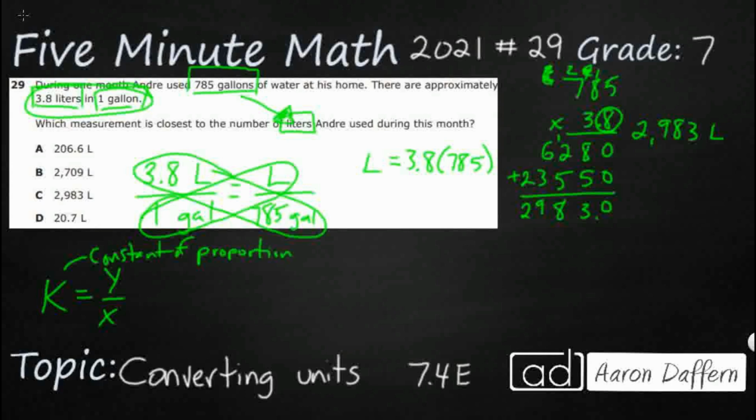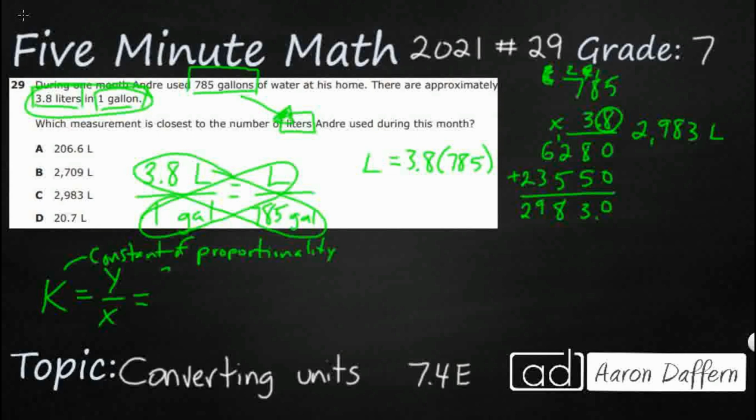We change it by this constant, and we get our y, our dependent variable. We actually see this equation on our mathematics chart. And so sometimes we could do it this way instead of using a proportion. We just look at this ratio, this constant of proportionality, and they give it to us, 3.8 liters equals 1 gallon.